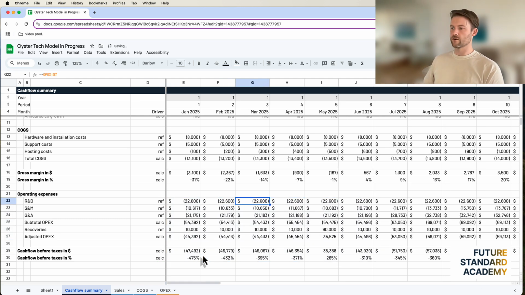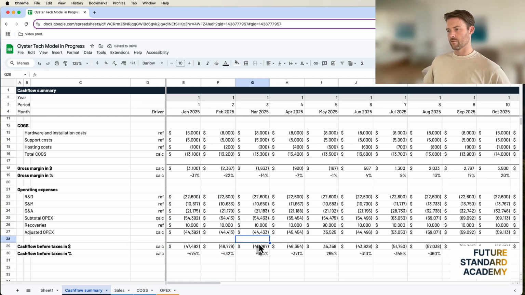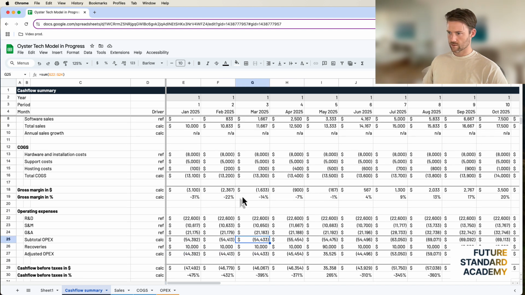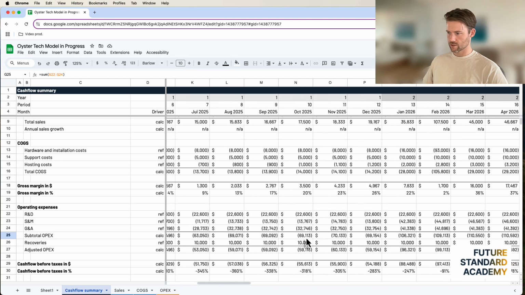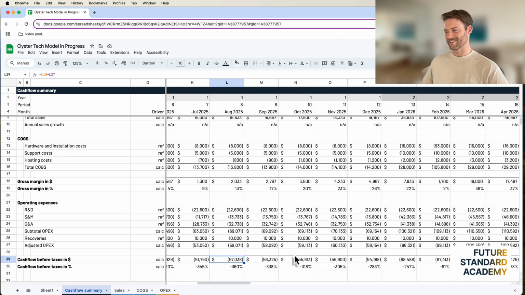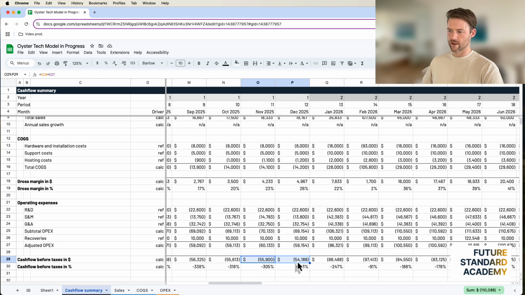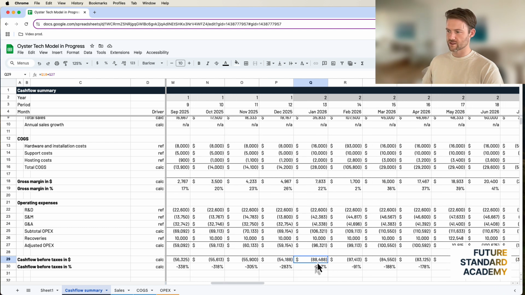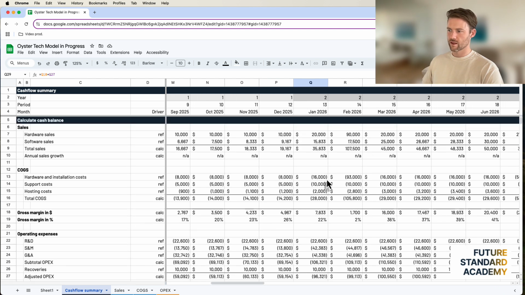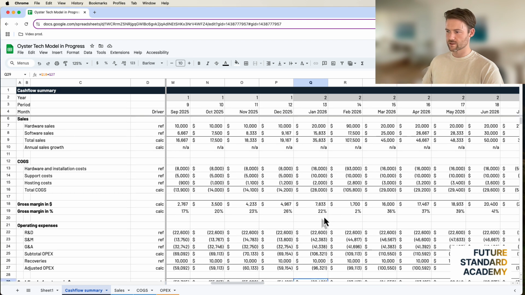The reason this gets better over time is because, let's see here. We're still at negative gross margins. It actually gets worse before it gets better. The cash flow in any month before taxes gets worse, largely because there's a big cost of goods sold in this period.